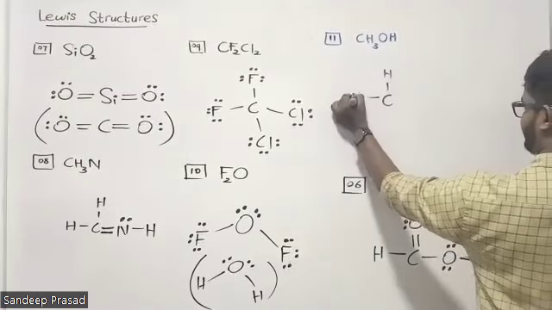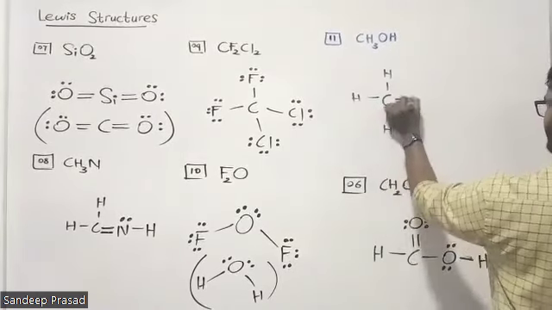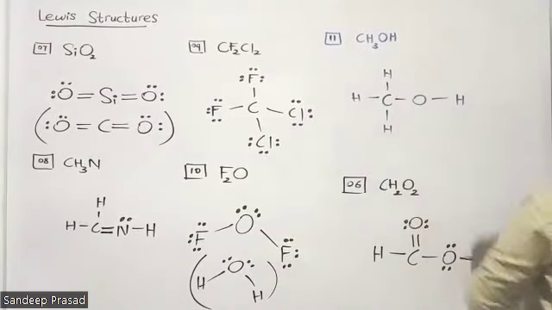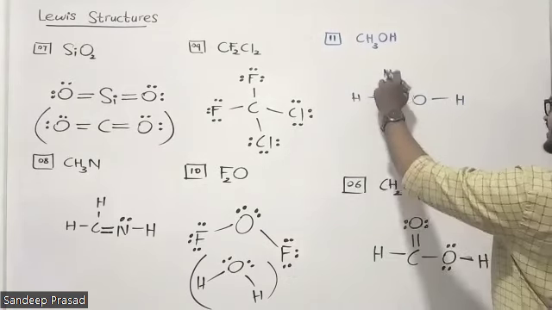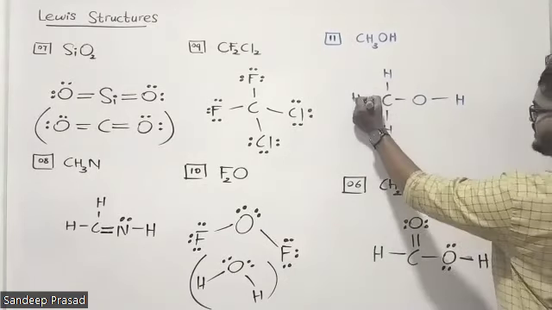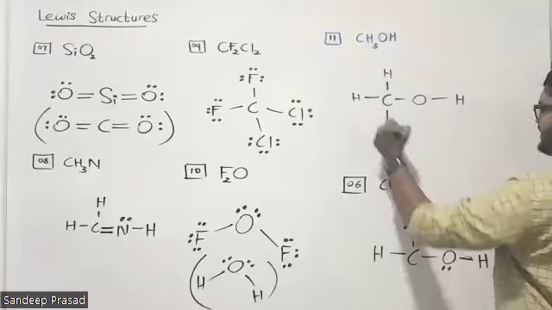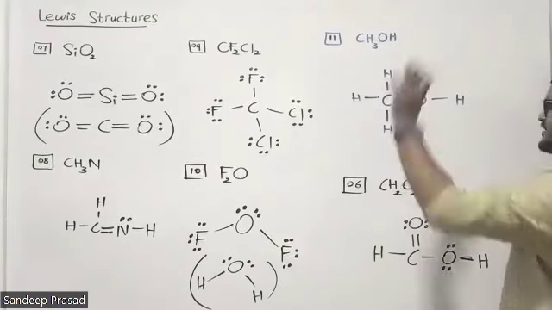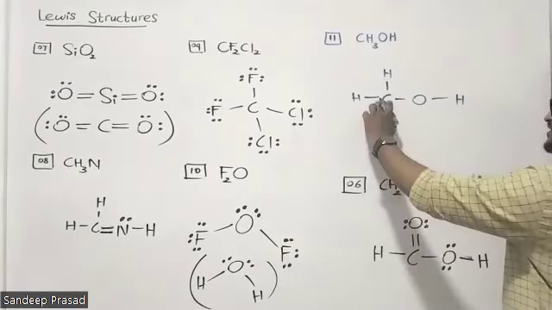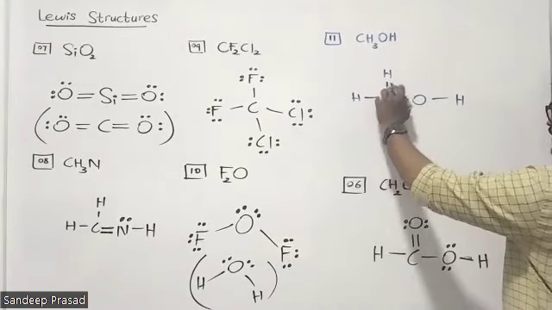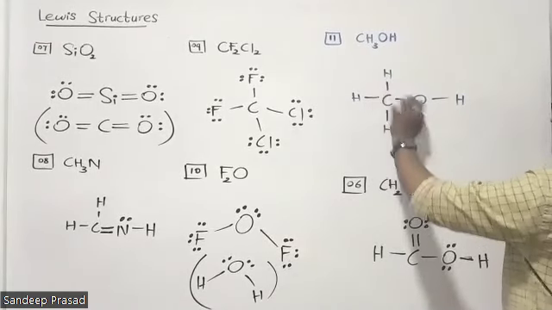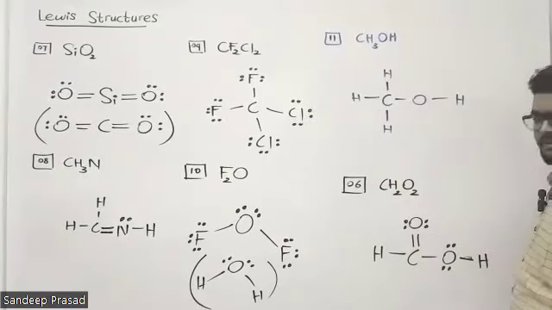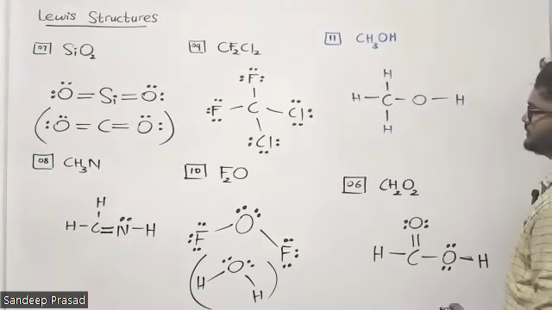Carbon is connected to 3 hydrogens, and then oxygen and hydrogen. Students, you have to understand that if carbon is connected to hydrogen in this way, these 3 bonds are permanent. We can't change this one into a double bond. We can't change this one into a triple bond. We can't do anything because hydrogen can make only one bond.